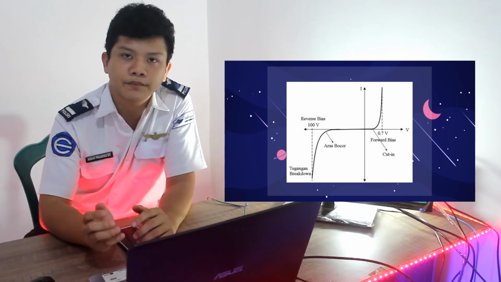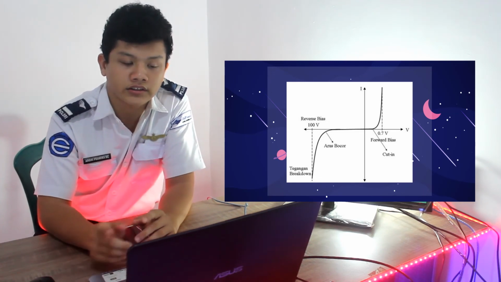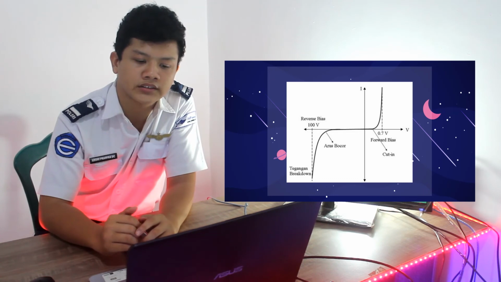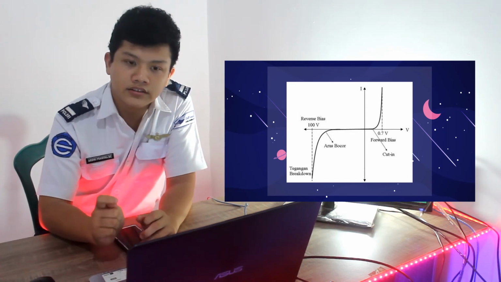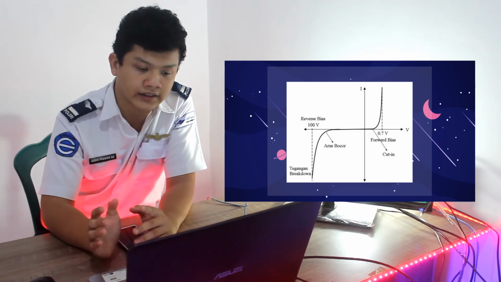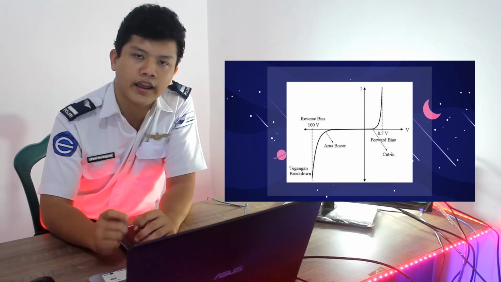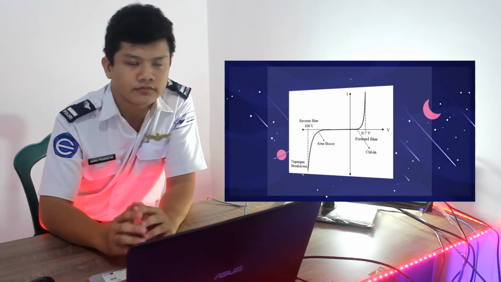When the reverse process occurs, the diode cannot conduct electricity because the value of the resistance is large. This diode is also recommended not to have a large voltage and current that exceeds the limit.